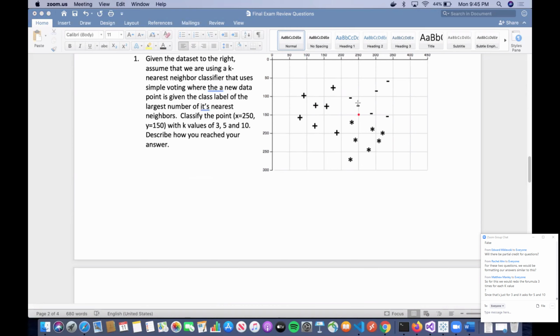So first we took 3, 1, 2, 3, but this time around we have 5. So of course, that's the first 3 that we had, right? So we're going to keep those 3. But this time around we have 2 extra that we need to take into consideration. Well, from this point, I think this one seems to be closer.